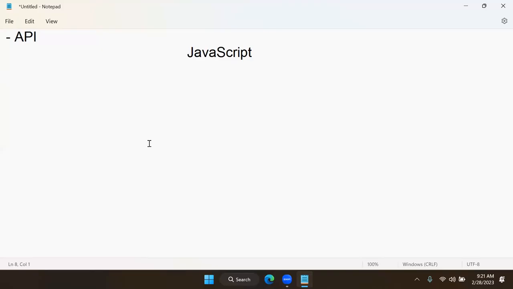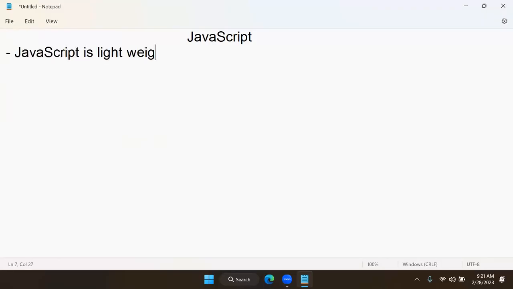So what is JavaScript, how does it work, and where is it used? We will see the basic introduction. Actually, JavaScript is a lightweight, interpreted, and just-in-time compiled programming language.